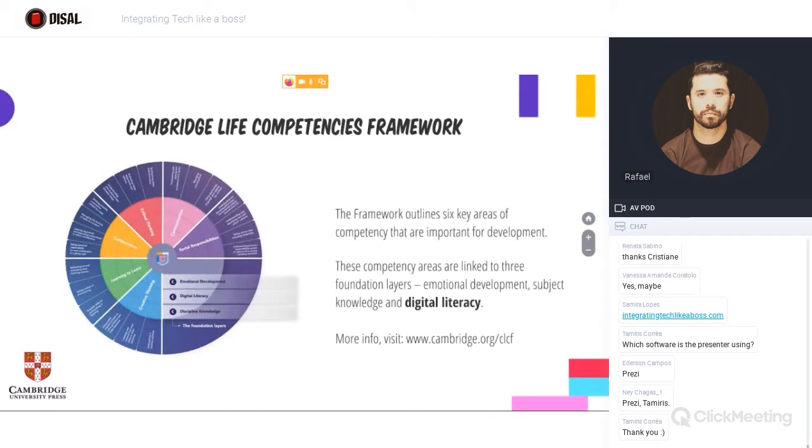So the first is emotional development, the second is subject knowledge, and the third, digital literacy. So if you want to learn more about it, I think this website is worth a visit. Make sure you access cambridge.org/CLCF. You will find lots of brochures over there focused on each of the key areas for you, and this is free.